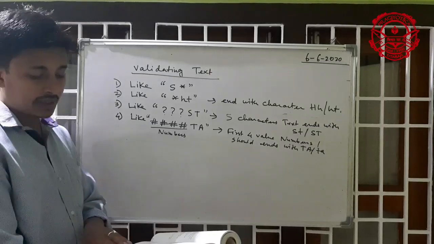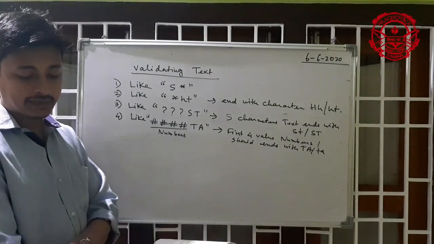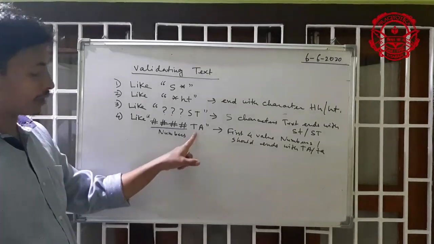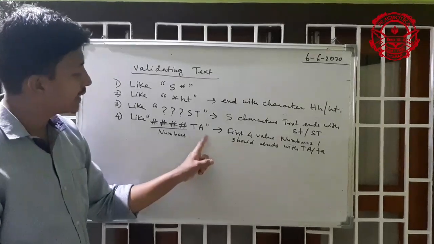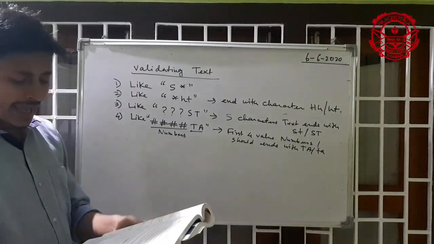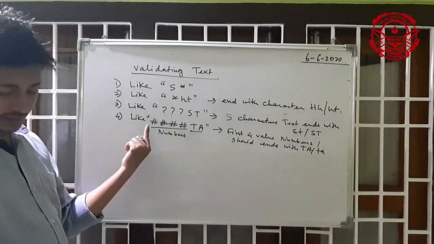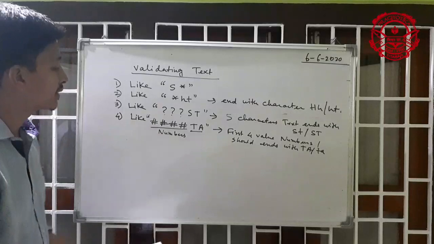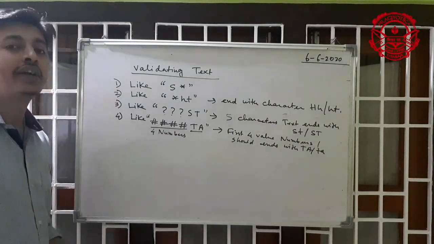The hash symbol is similar to a question mark, but it represents a number. Such a value accepts text that ends with TA and is preceded by four numbers. Four hash symbols mean four numbers.